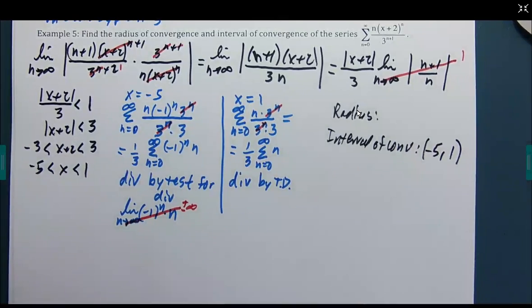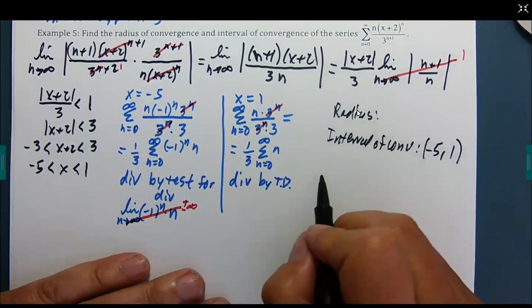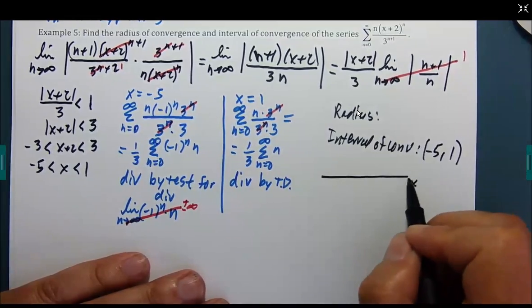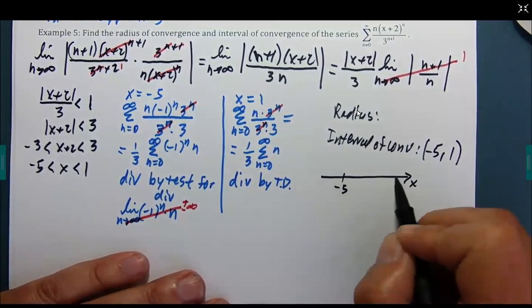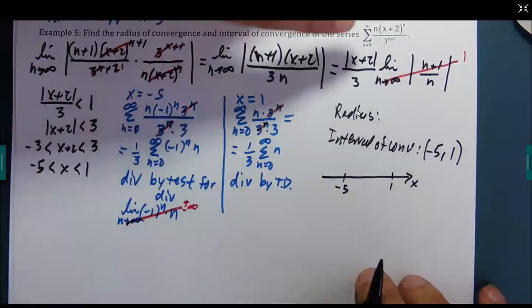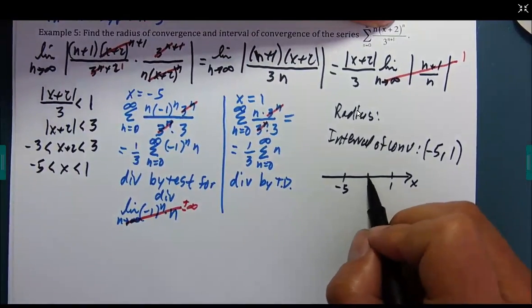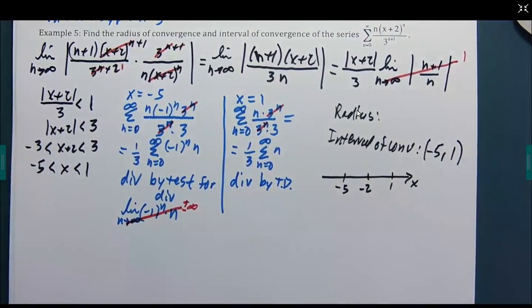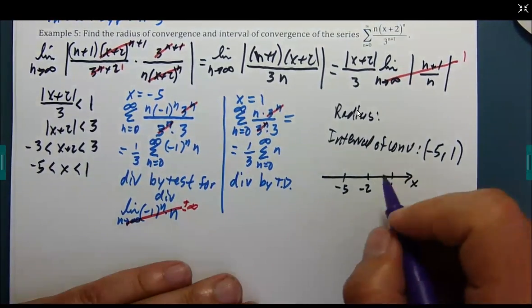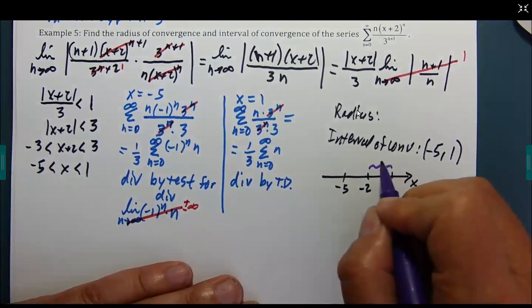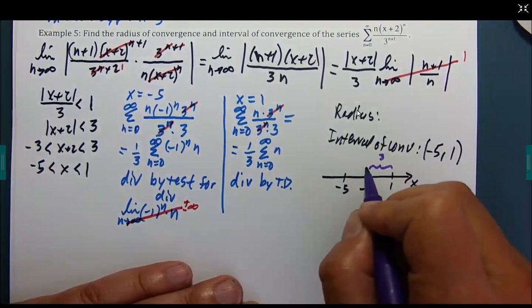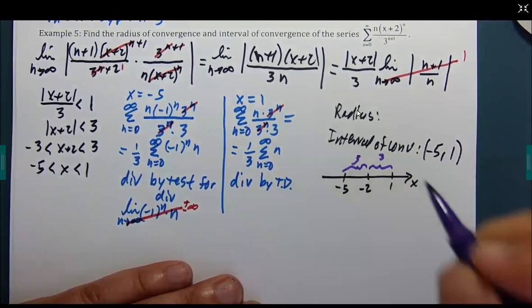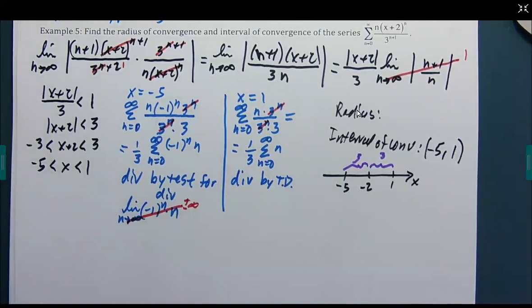Now the radius is a little more complicated. Remember, our center is at -2. So this radius to me looks like it is a distance of 3. So our radius of convergence is 3.